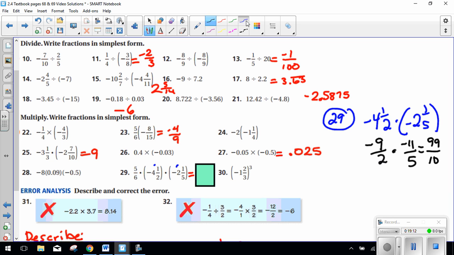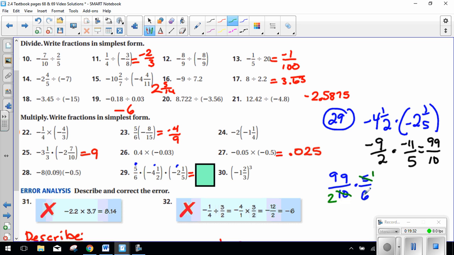Now I'm going to take this number, 99 over 10, and I'm going to multiply it to the last number that we haven't used yet, 5 over 6. So taking a look at 5 and 10, I can divide these by 5. 10 divided 5 is 2. 5 divided 5 is 1.